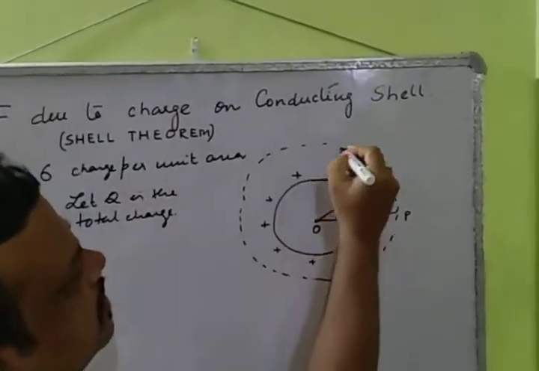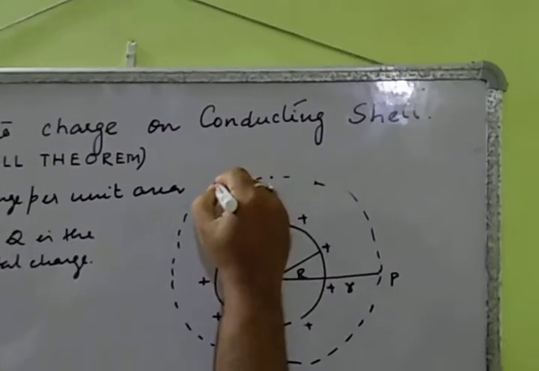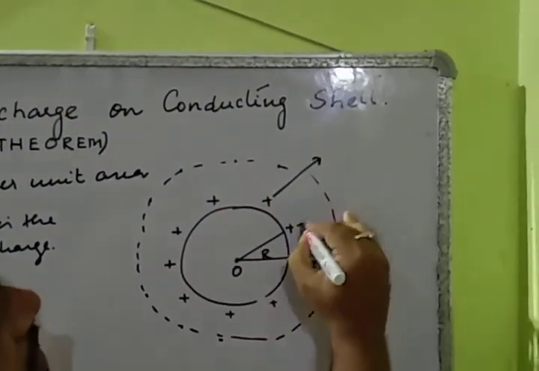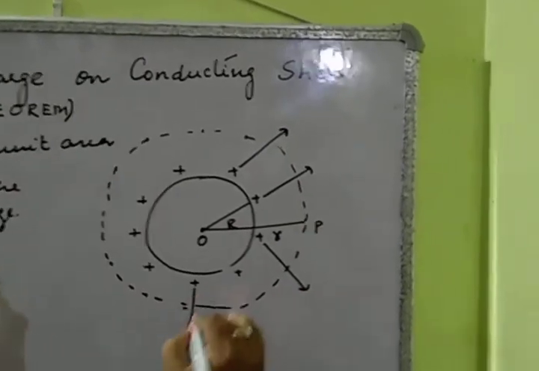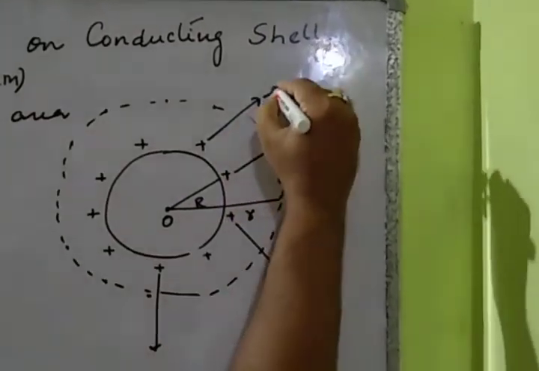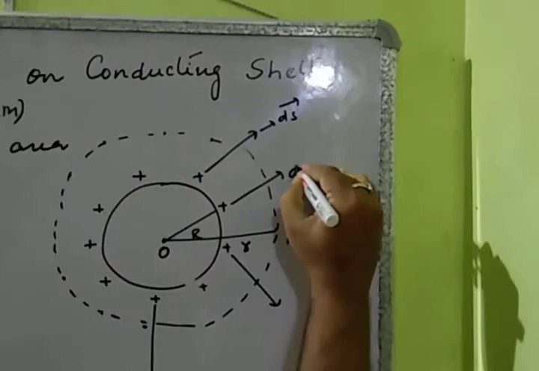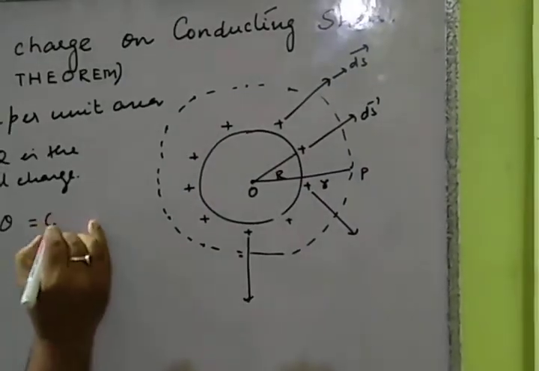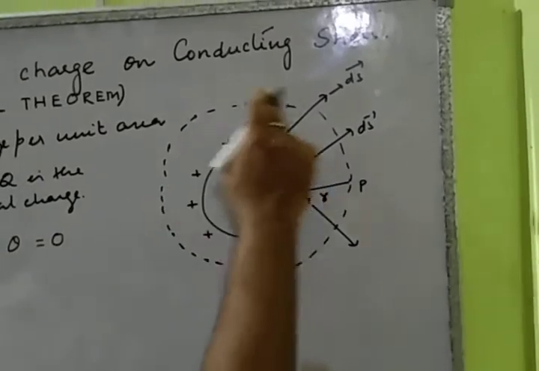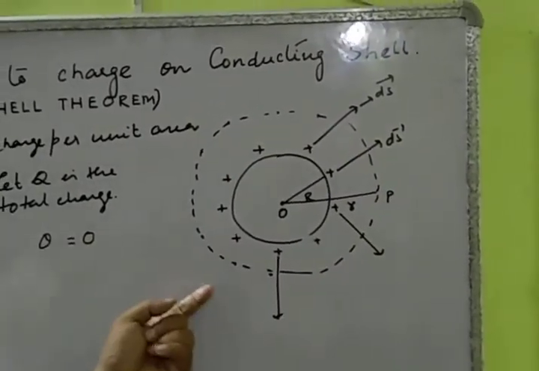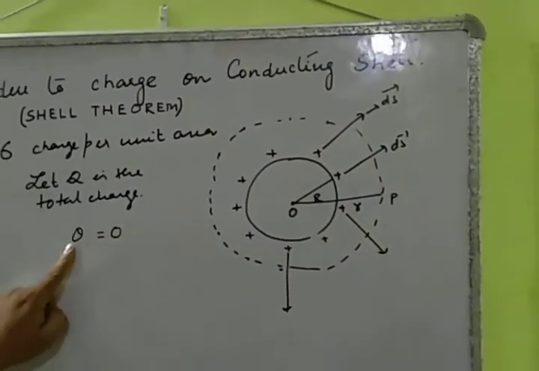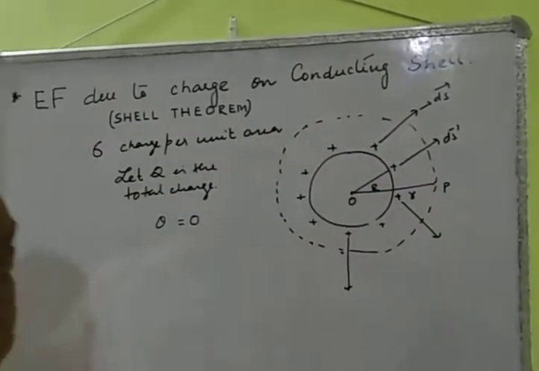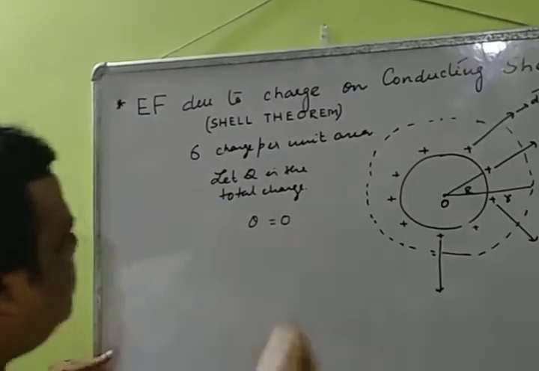Again, if you remember, at every point this is the electric field, this is the electric field, and this is your dS, the area vector. So at every point on the Gaussian surface theta is equal to 0. That was the condition. Since theta is equal to 0 at every point on the Gaussian surface, now we can integrate.